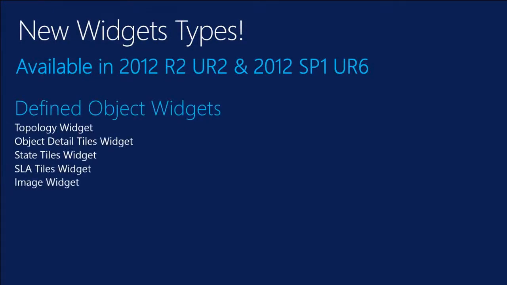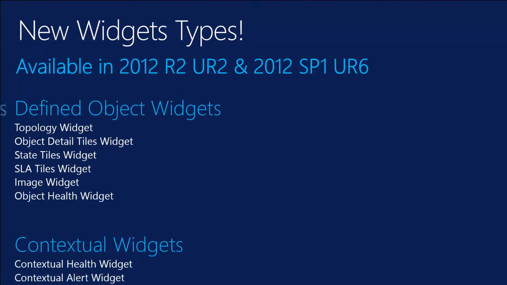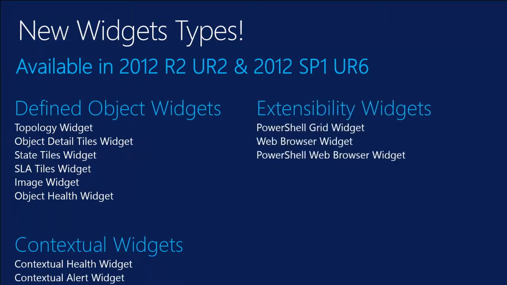We've introduced new widget types. We just introduced these widget types in 2012 R2 UR2, as well as 2012 SP1 Update Rollup 6. Now, these widgets come in a variety of different categories. I talk about them as defined object widgets, where you specify a group or series of objects, and then we expose that data in a variety of formats within the widget.